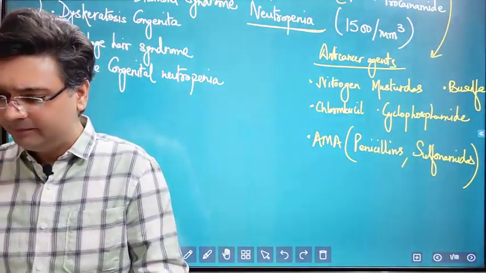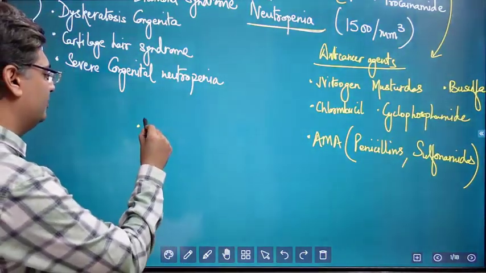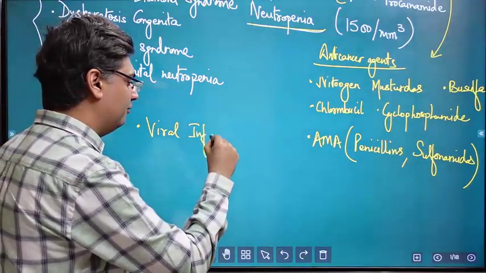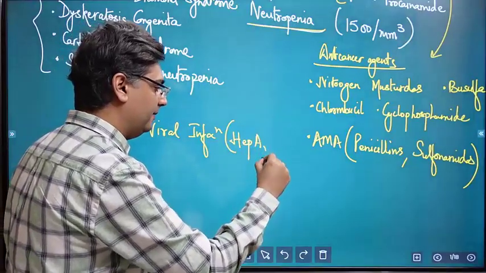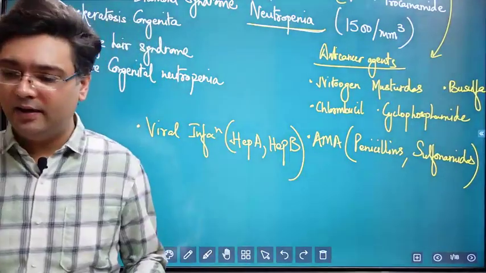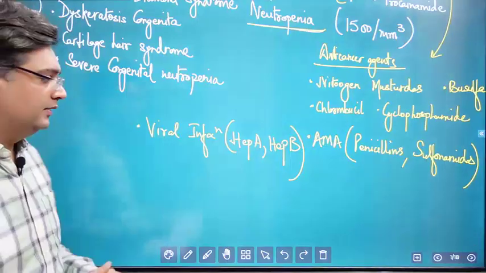Okay, then we have certain viral infections which can cause neutropenia as well. Viral infections, now what are these? These can be your hepatitis A, they can be hepatitis B as well. Plus there are other viral infections like rubella, measles, varicella.